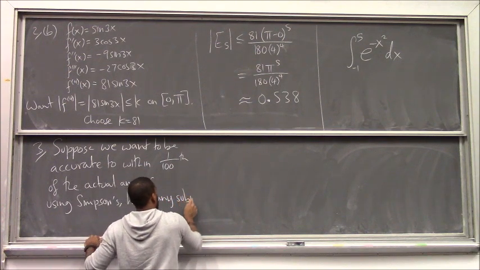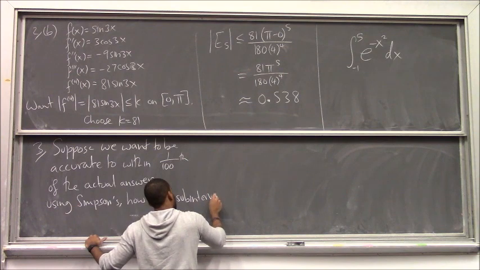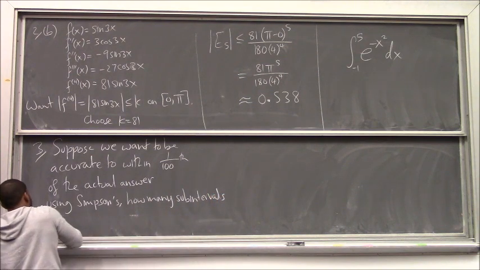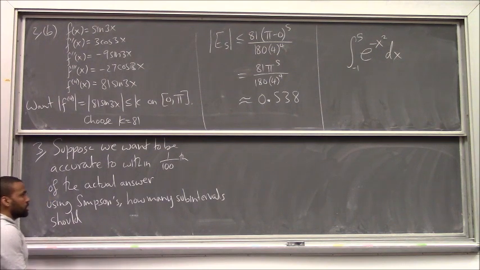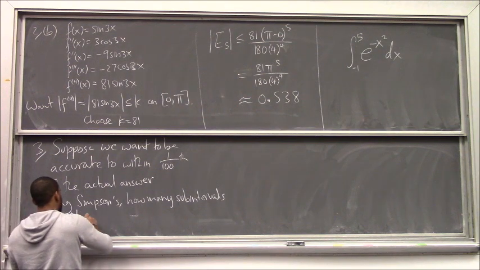How many subintervals do you try? Now, once I tell you the subintervals, you know how to actually get to the answer using that number of subintervals. So, if I didn't give you the number of subintervals, how would you actually pick how many you need?